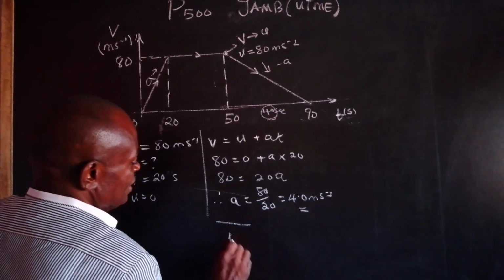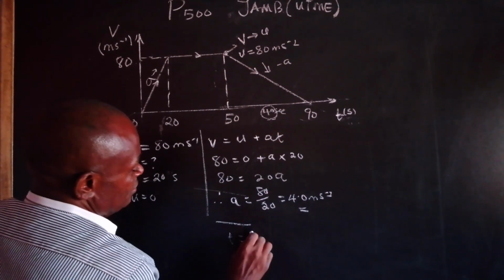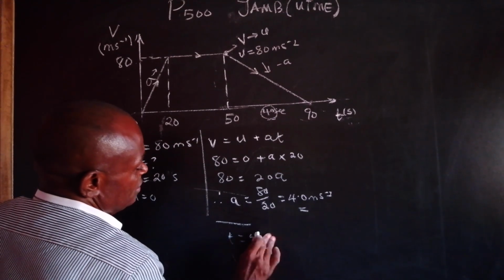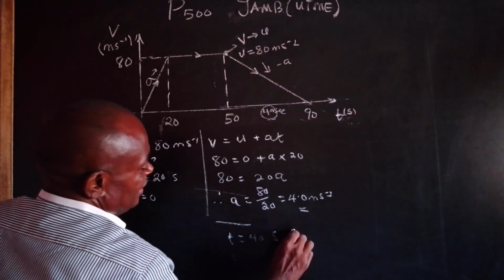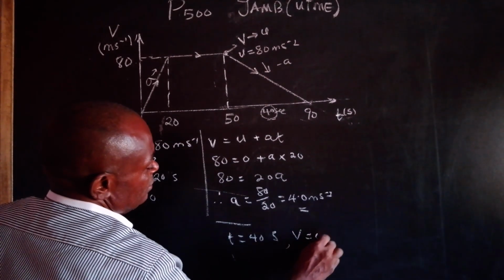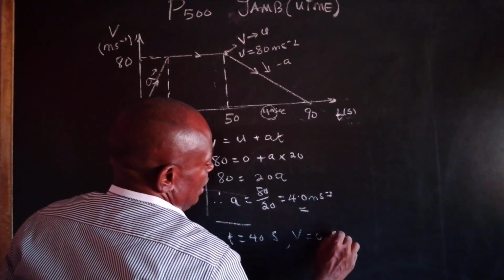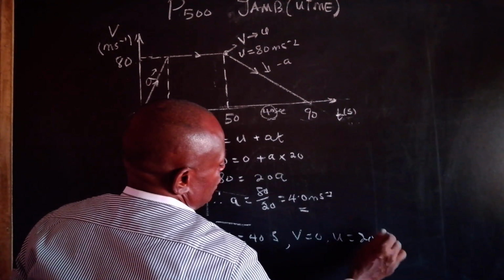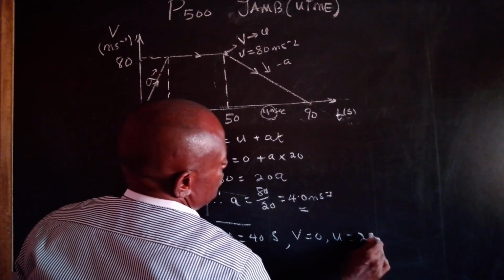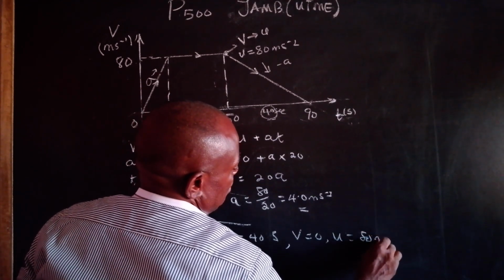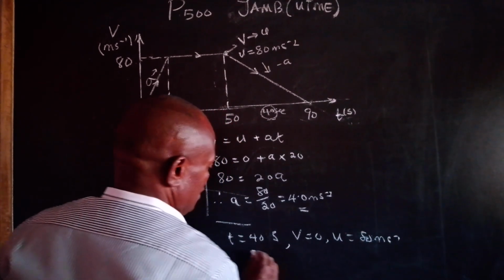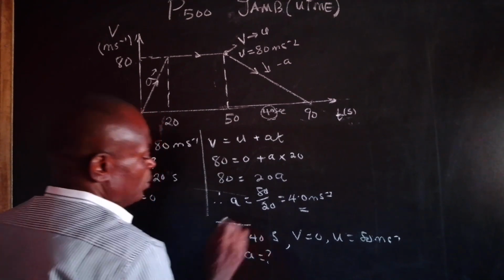So in that wise, our time frame along this side is equal to 40 seconds, our final velocity is equal to 0, and our initial velocity is equal to 80 meters per second. Then the deceleration is what we want to find.